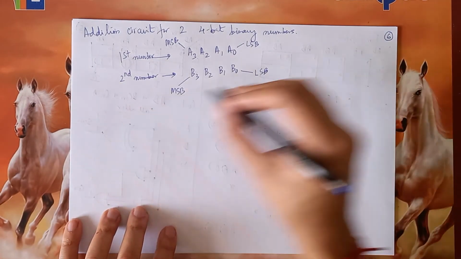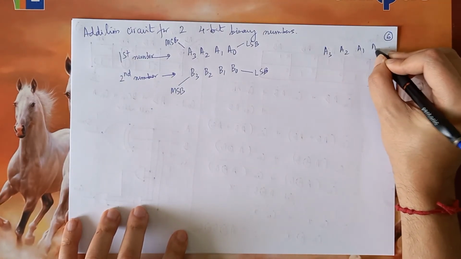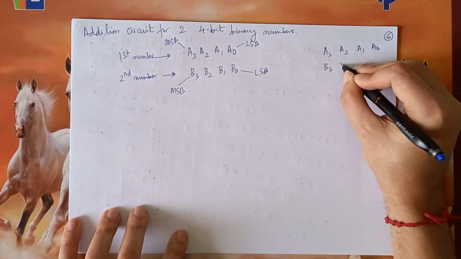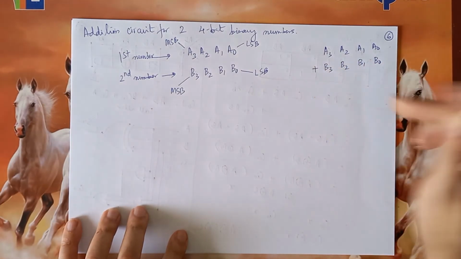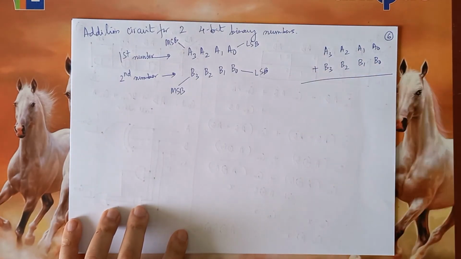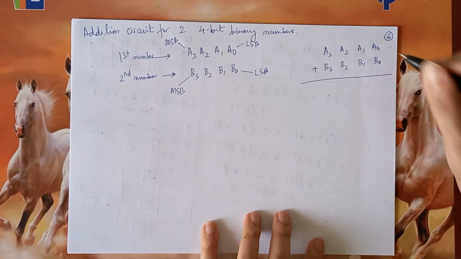So let us say we have something like this. This plus is actually addition. So therefore, we have to start like this: A0 and B0.